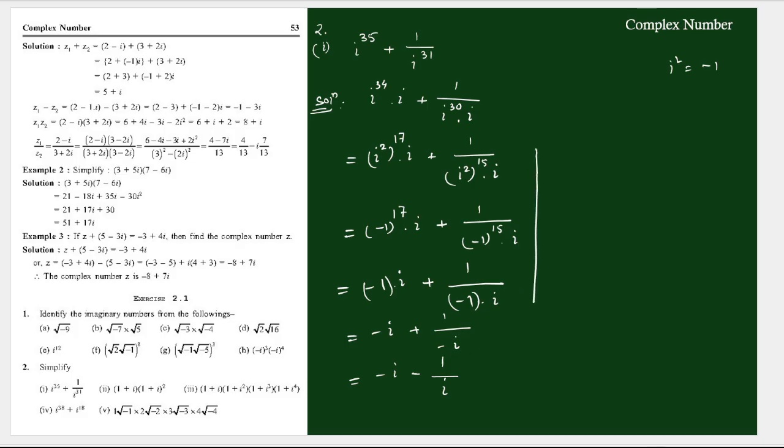Multiplying the denominator and numerator by i. Below we already have i, so it will become i squared. Wait, why did I write implies? I should make it equal.